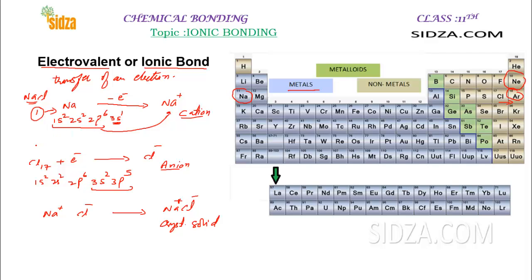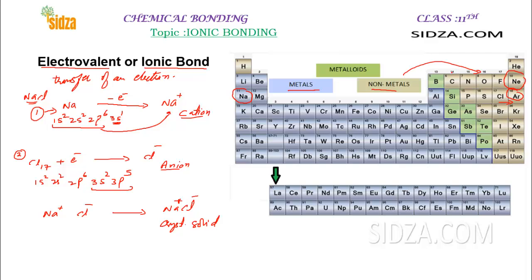The second condition for the ionic bond formation is that we should have an element that has a high tendency to gain an electron. And only the non-metals have the high tendency for the gain of an electron.